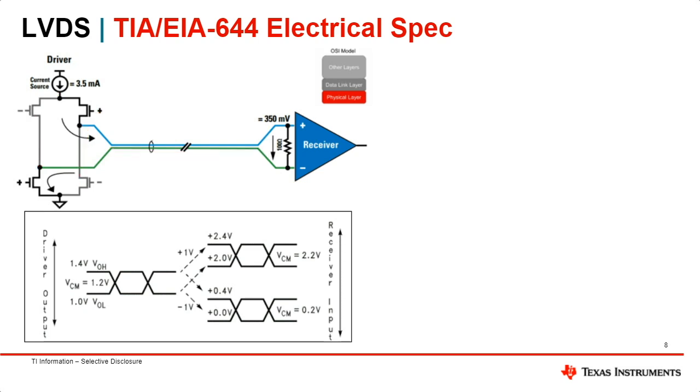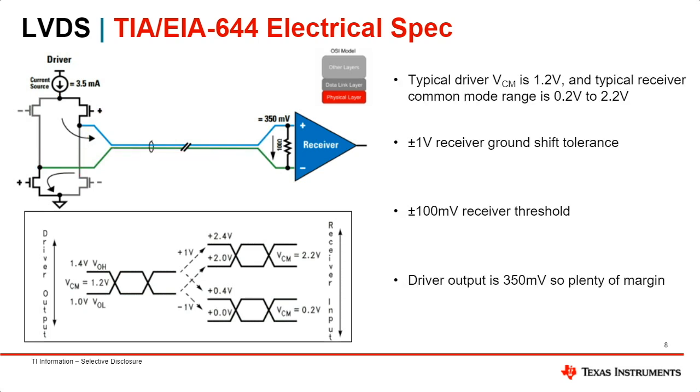Within the standard, it also defines the receiver threshold value of plus or minus 100 millivolts. Essentially what this means is if your differential voltage at the receiver is greater than 100 millivolts, then it'll result in a logic high output.